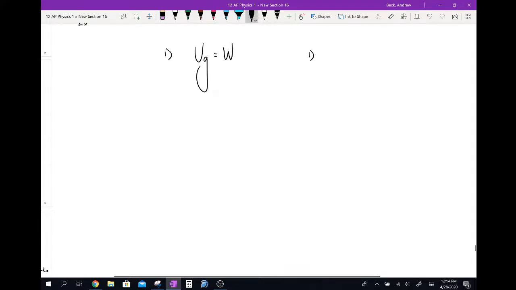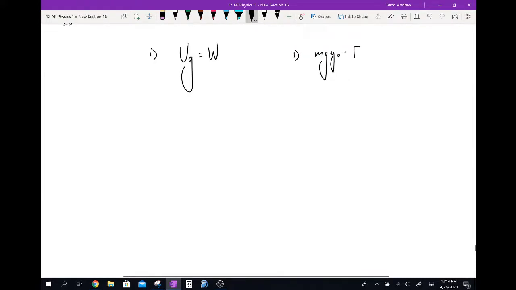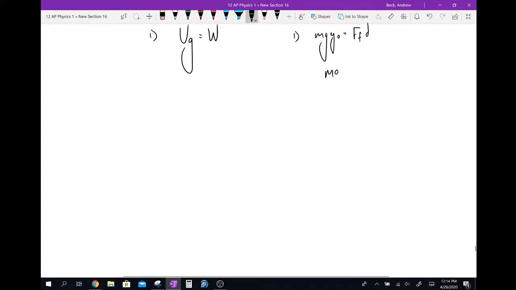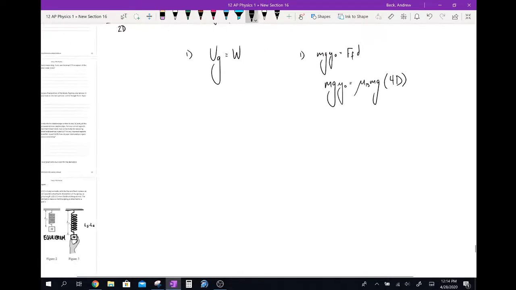In our first situation, we had mg y naught is equal to force of friction times d. We said in this first case we had mg times y naught is equal to mu b mg times 4d. That was the distance that it slid before.